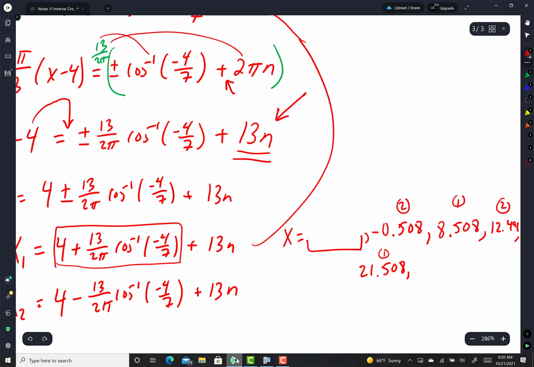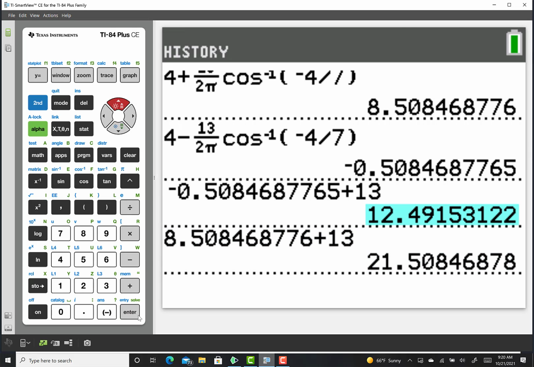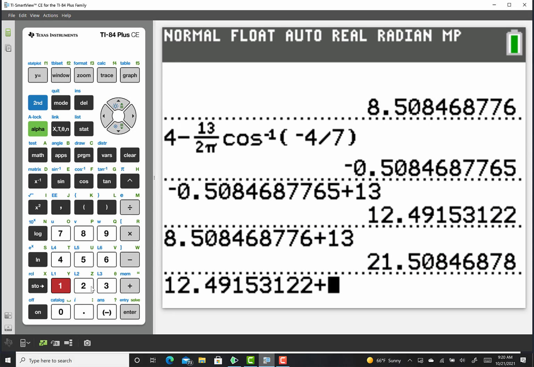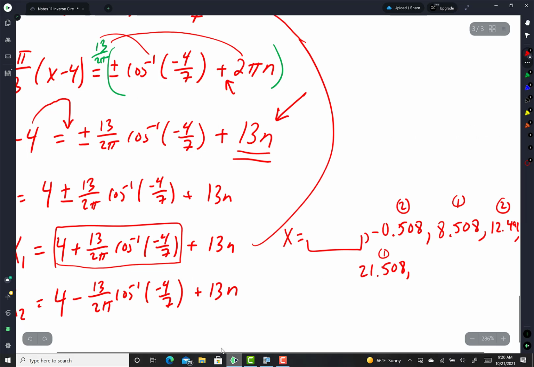It'd be nice if they were in order. And then I think I need one more. Take the 12. Well, we need two more, but 12.49 blah blah blah plus 13. 25.491. Okay, so catch up to there. Notice I left a blank space there.